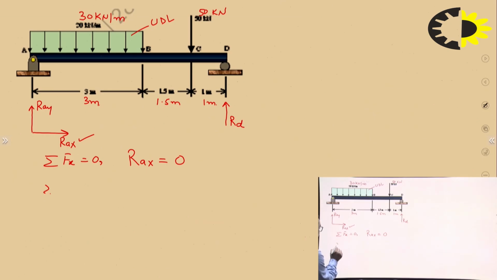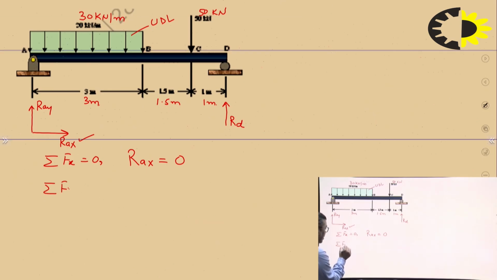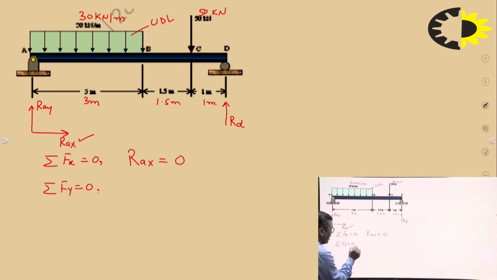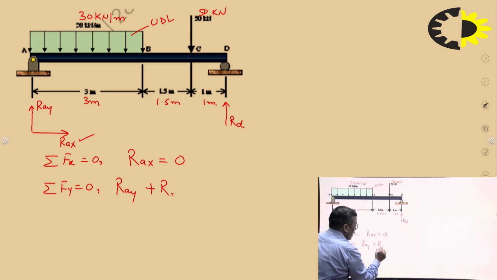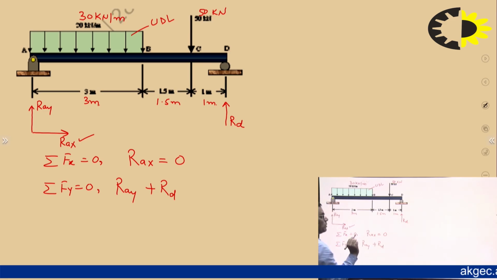Second, we write sigma Fy equals 0. RAY vertically upward plus RD, these are the two vertically upward forces in this diagram. What are the downward forces?